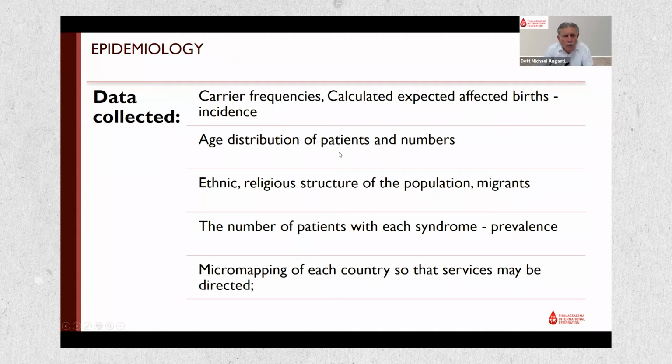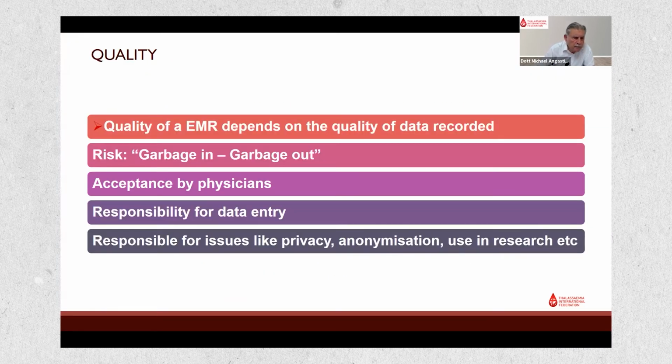I spoke already about the age distribution of patients. What about the ethnic and religious structure of the population, the migrants, which may affect the incidence and the prevalence of hemoglobinopathy patients? How many patients with each syndrome? What is the real prevalence? And how do we micromap each country?